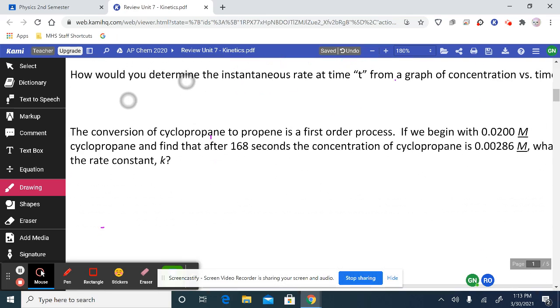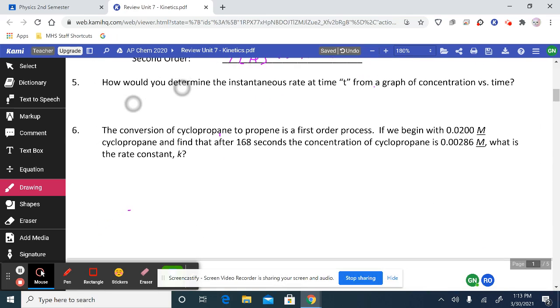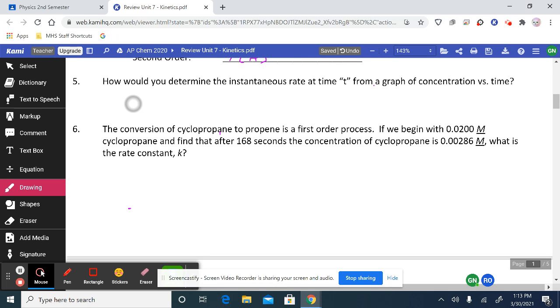Okay. How would you determine the instantaneous rate at time t from a graph of concentration versus time?